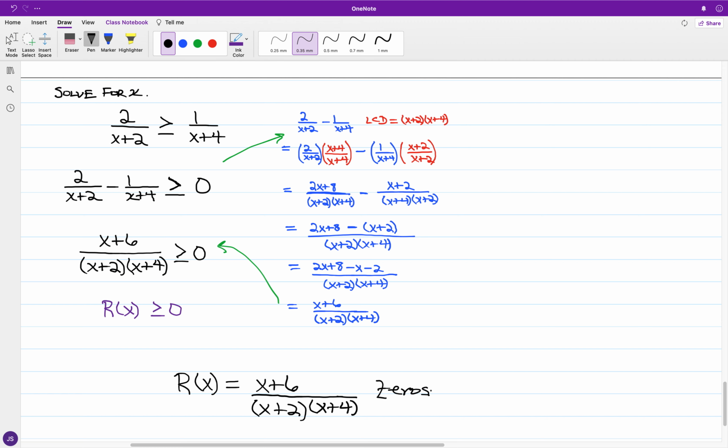Now for the zeros. For x plus 6, this is exclusively in the numerator, so the 0 from this is negative 6.